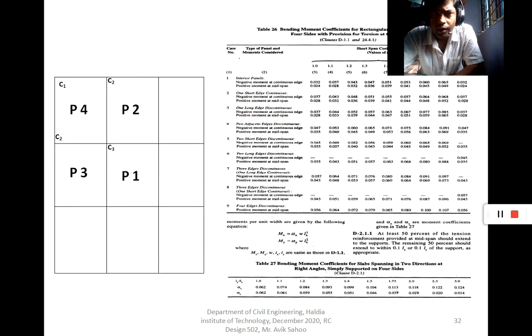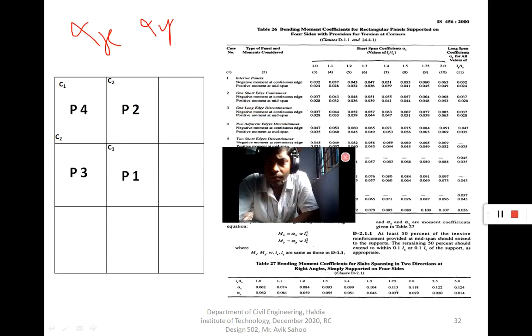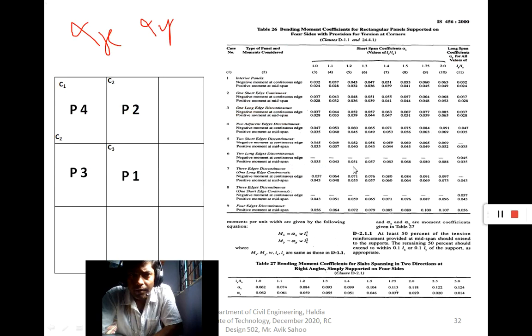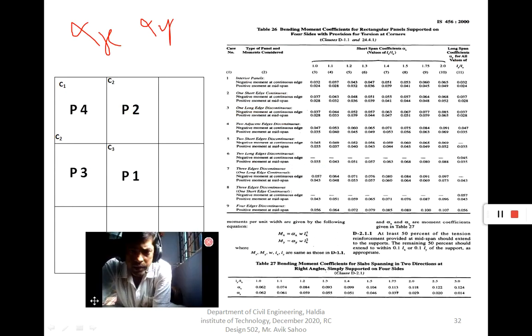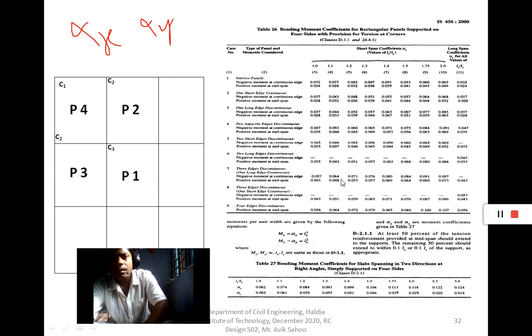Here the tables are given to compute alpha x and alpha y. To compute alpha x and alpha y, this table is given in Table 26, page number 91.